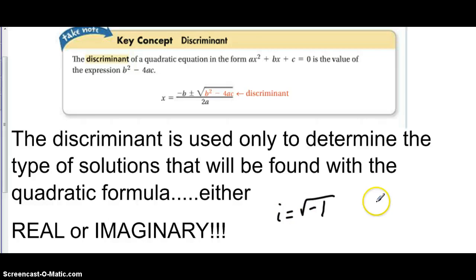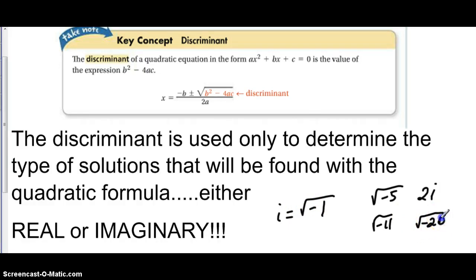An example of an imaginary number would be the square root of -5. Another one would be the square root of -11. Another way you can look at imaginary numbers is 2i. That says 2 times the imaginary number of the square root of -1. We can also have something that might need to be simplified, such as the square root of -20.